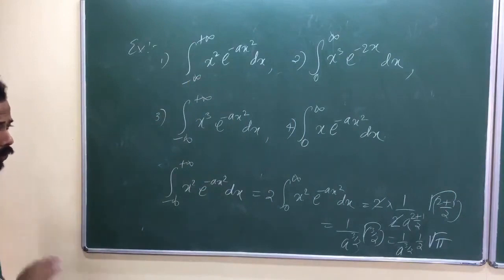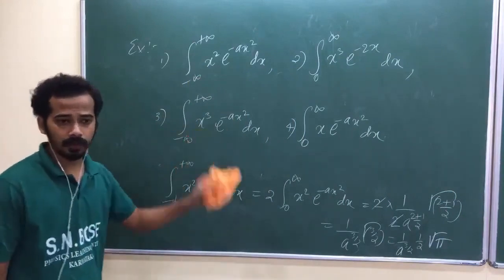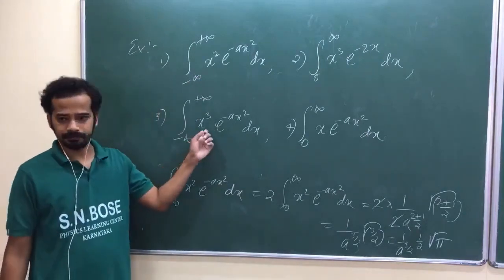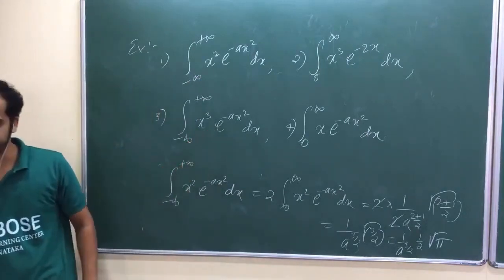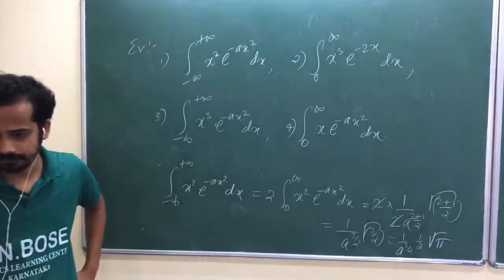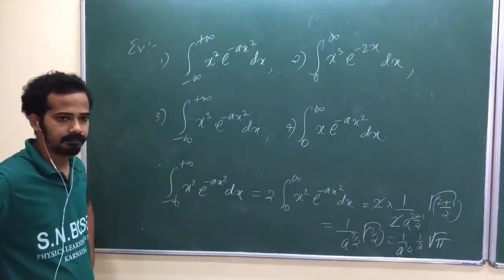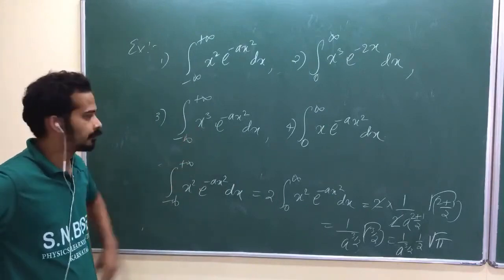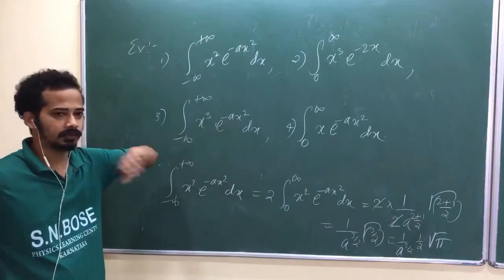You can do most of the integrals using the formula that I gave. Now, how do you do the third one? Third integral: x cube into e power minus ax square.